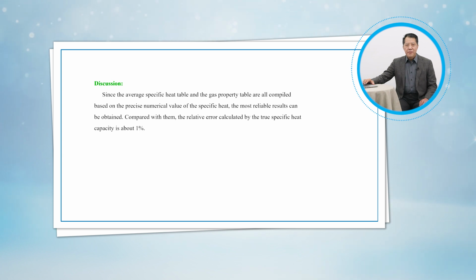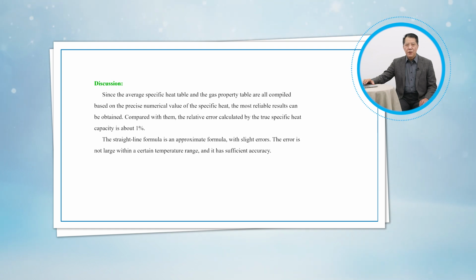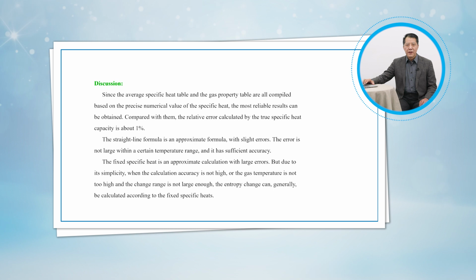Compared with them, the relative error calculated by the straight line formula is about 1%. The straight line formula is an approximate formula with slight errors. The error is not large within a certain temperature range, and it has sufficient accuracy.